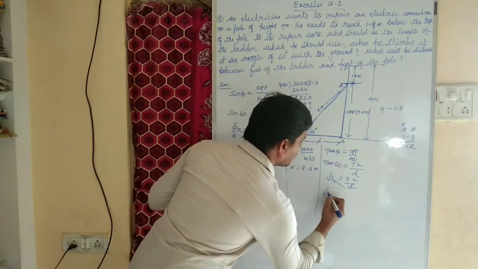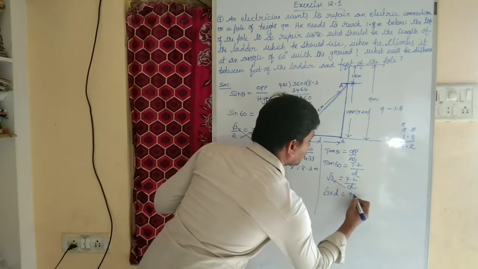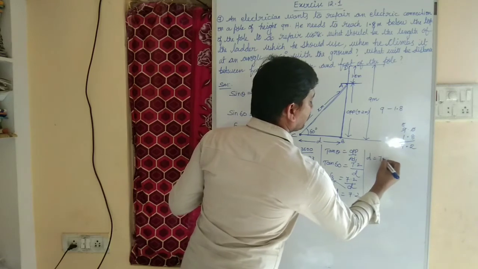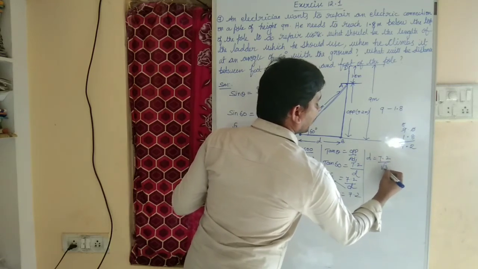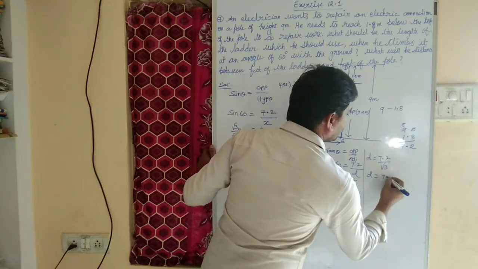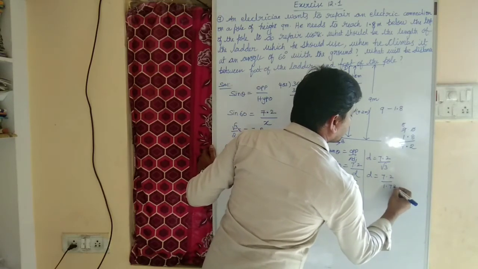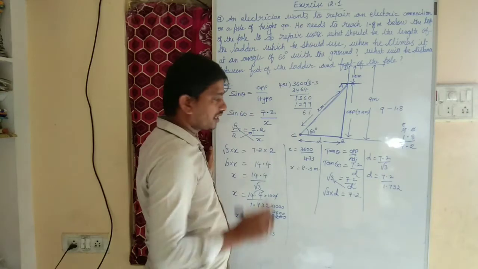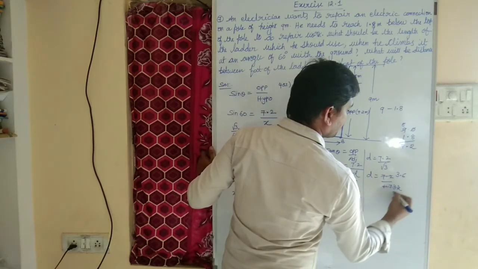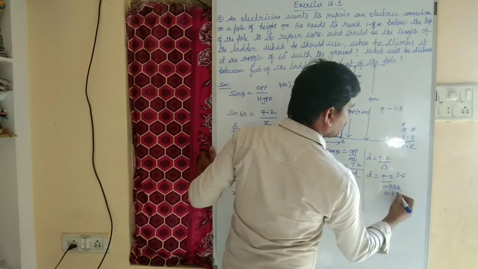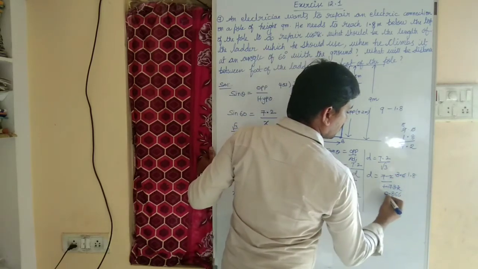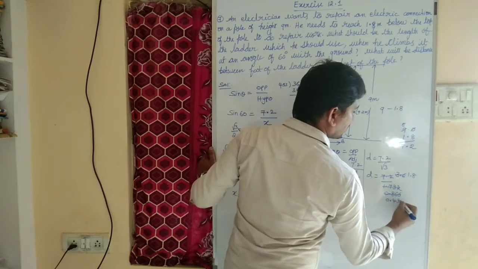So root 3 into D equal to 7.2. So D equal to 7.2 divided by root 3. As we know that root 3 value is 1.732, right? So 2 table, 2 3 is 6, 1 2, 2 6 are, 2 8 is 16, 2 6 are, 2 6 are, 2 1.8 are, 2 4 33 are.